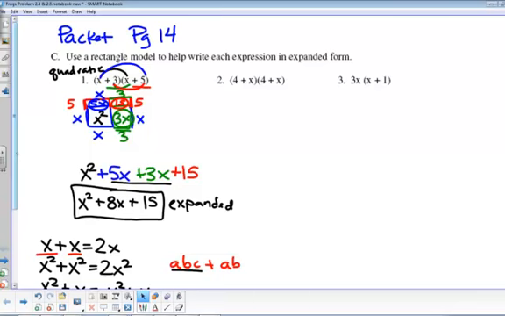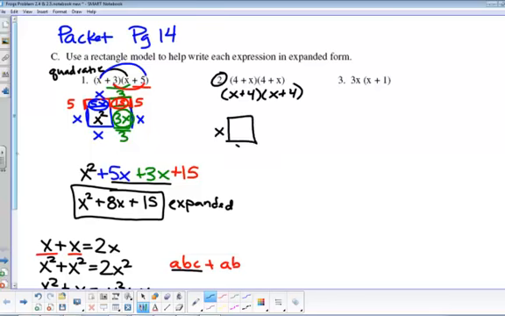So if we look at our number 2 equation, addition is commutative. I'm going to rewrite this in the proper form with the letter first. And then if you think about your box, your initial x by x, we're going to add 4 to one side as well as the other. So x times x is x squared, and that's right there.